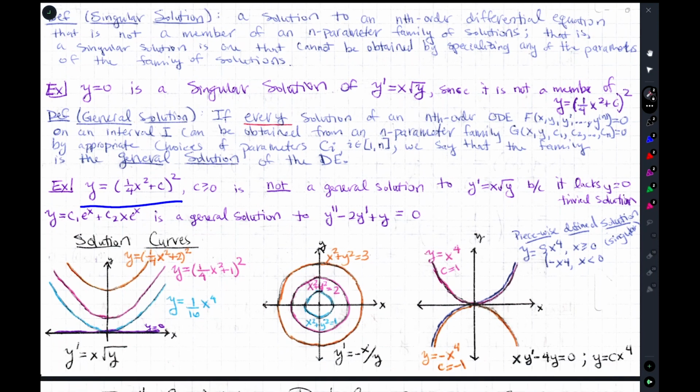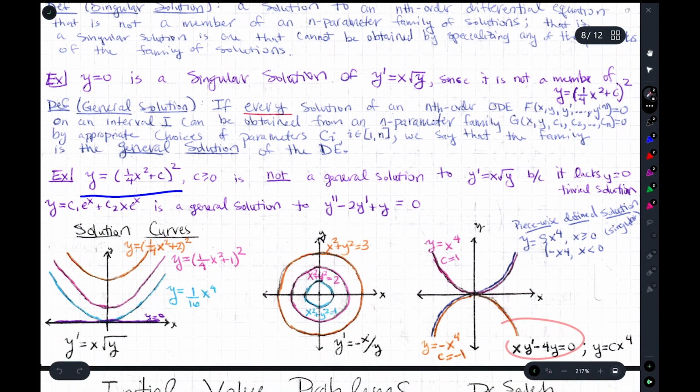We also have, for the differential equation that we see here, a one parameter family, y is equal to c x to the fourth. That is a one parameter family of solutions for the differential equation.